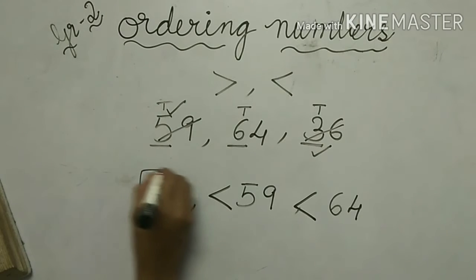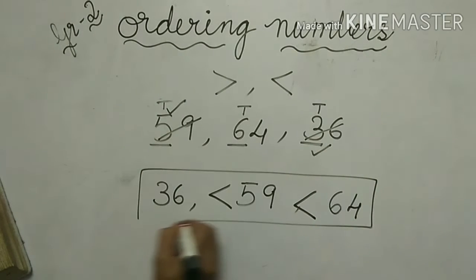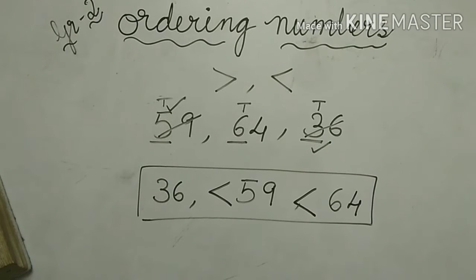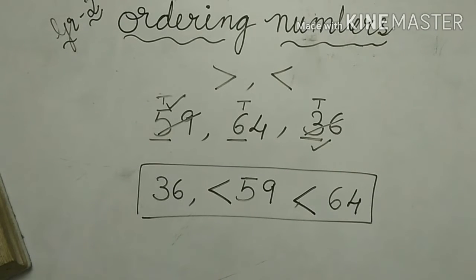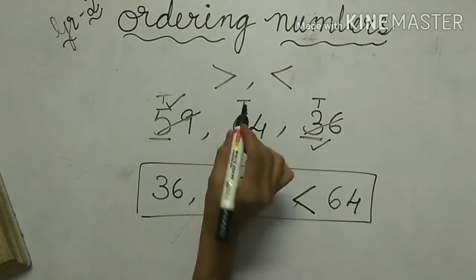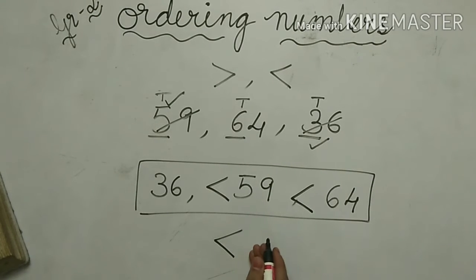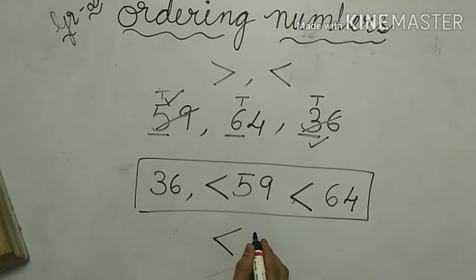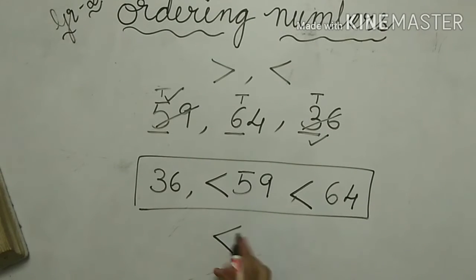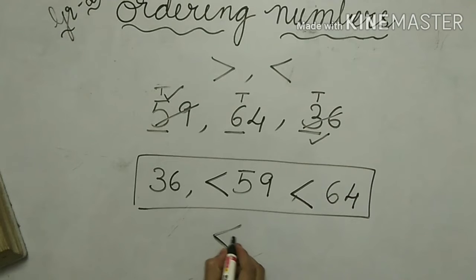This is the way to order the numbers by using the greater than symbol. Greater than or less than. Greater than means the symbol which is open towards the number, that is called greater than, children. Whichever side the symbol is open, that is greater than.